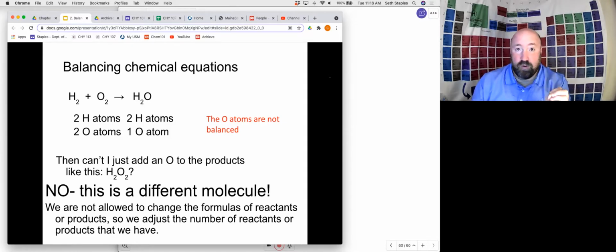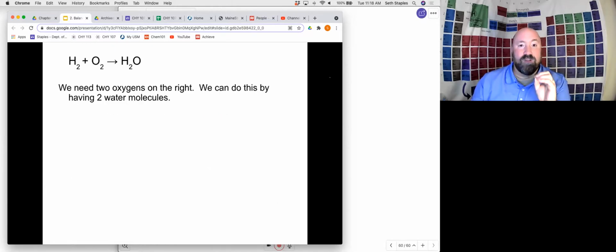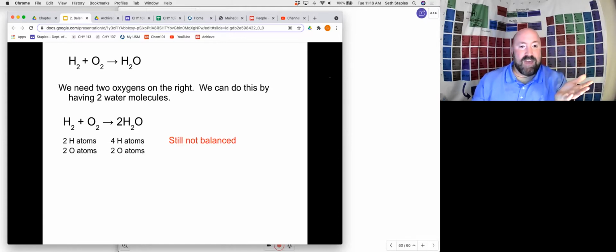What we can do is change the number of water molecules that we make. If I make a whole additional water molecule instead, if I say that instead of 1 water molecule, I'm going to make 2, now I've got 2 oxygens. Look at that. However, now I've formed 4 hydrogens, but I only started with 2.